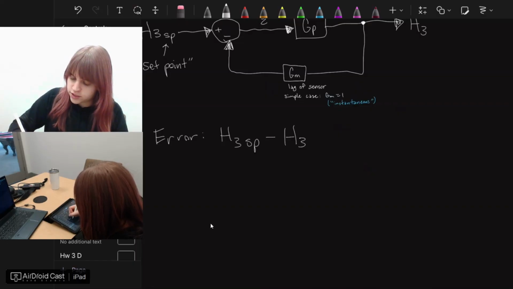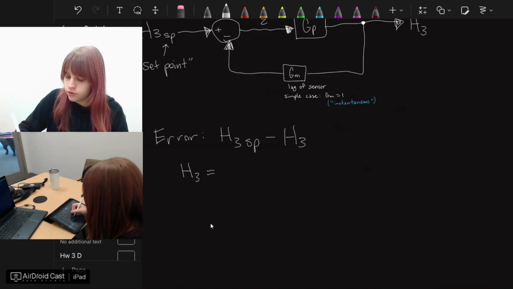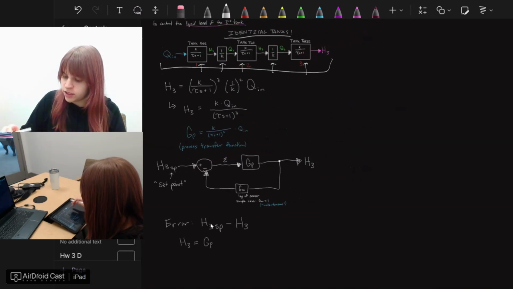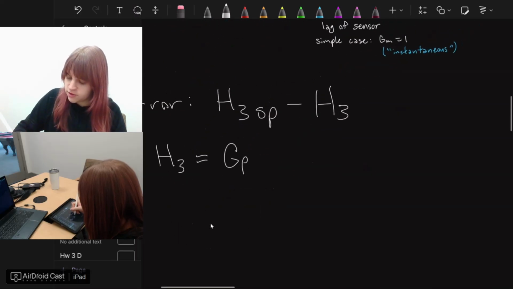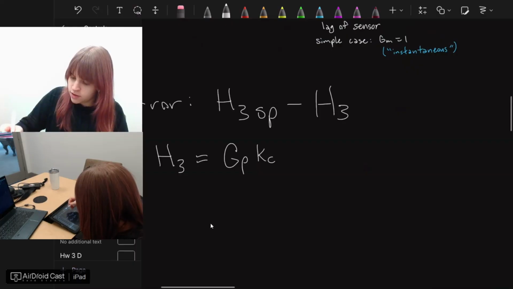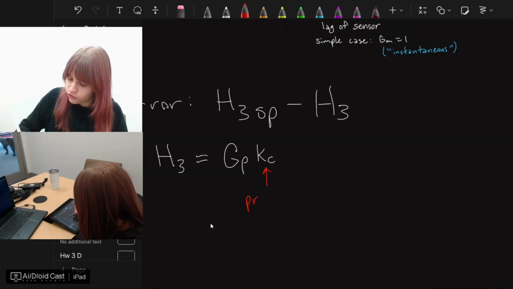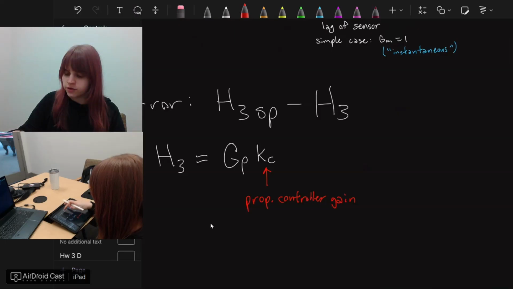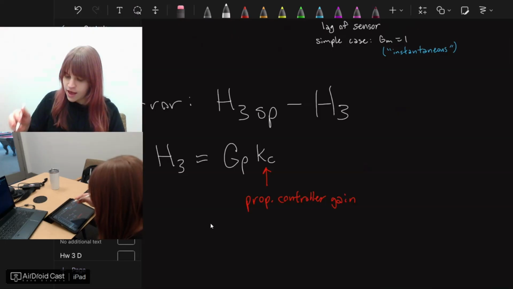And so according to this, we know that our H3 should be equal to our process transfer function that we derived here times Kc. This is the proportional controller gain. And this is a proportional only controller, so we're just going to include that.